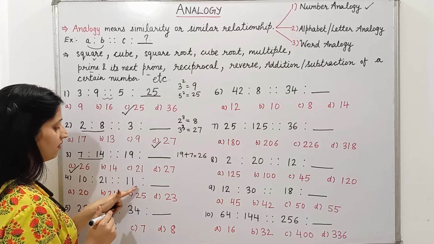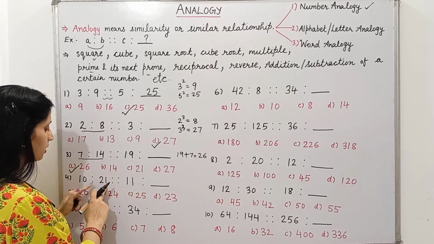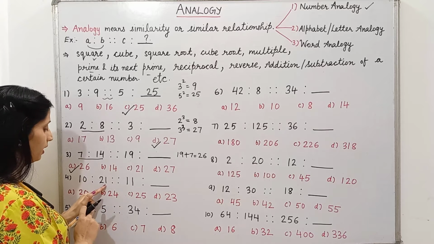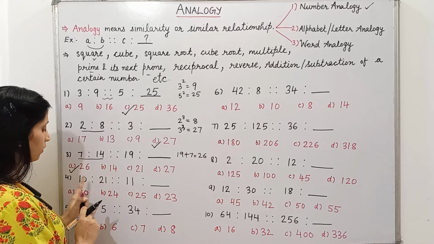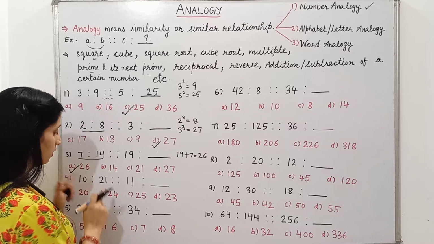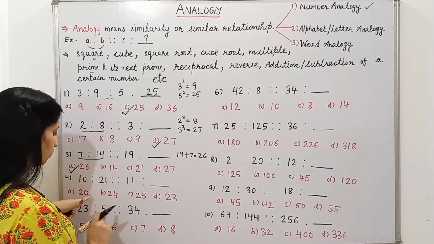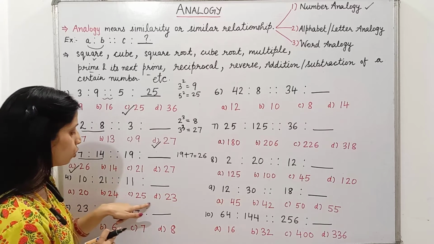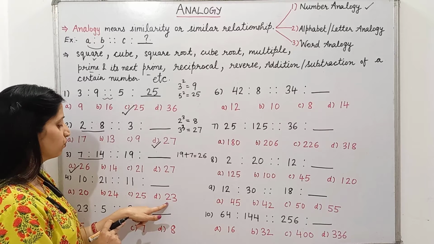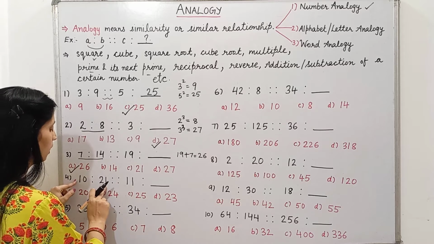Next is 10:21, double colon, 11:dash. Now, just see the numbers are increasing. So, it can be a relation of addition. So, what will we add to 10 to get 21? 10 plus 11. Now, if we add 11 to this, 11 plus 11 is 22. But we can see that 22 is not an option here. So, we will check for another relation. Now, how can we get 21?